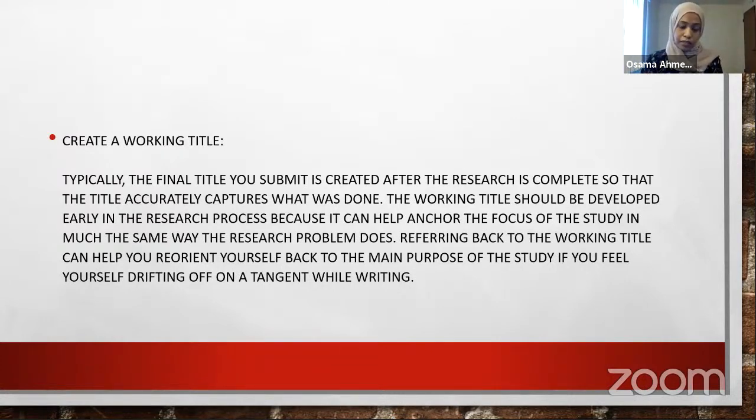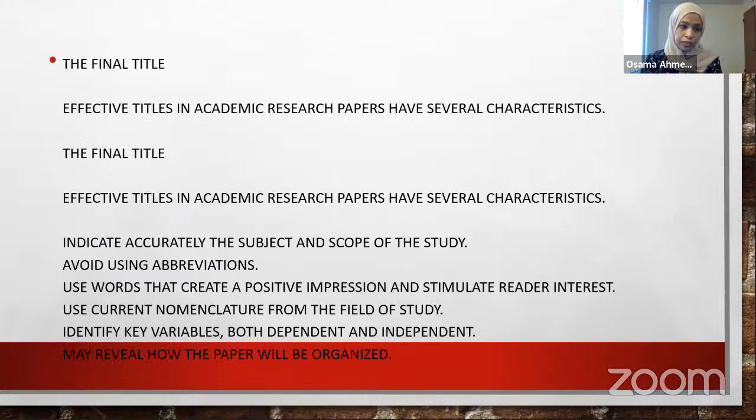So it's probably a normal thing to start with the working title and end up with a more formulated, well-developed final title. Okay, the final title is the one that you end up with in an academic research paper. It has several characteristics, and of course we need to capture everything in your paper.